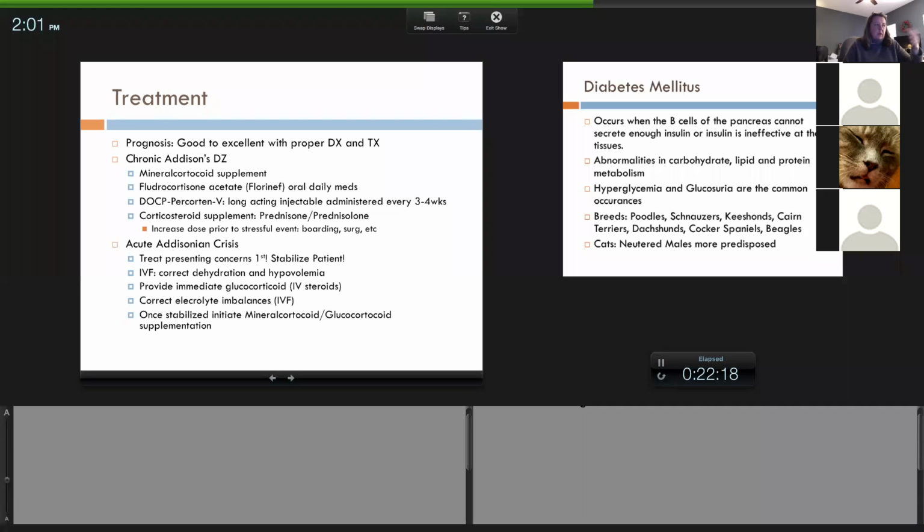And then what you can consider is giving them some corticosteroid supplement, like sending them home with prednisone or prednisolone.